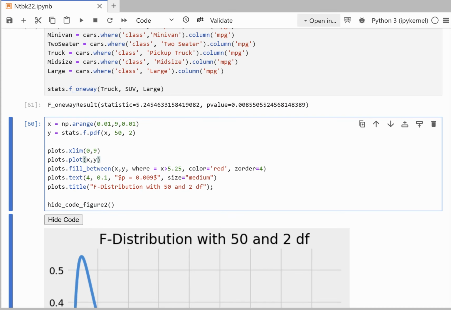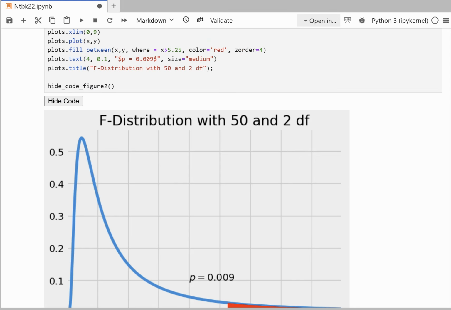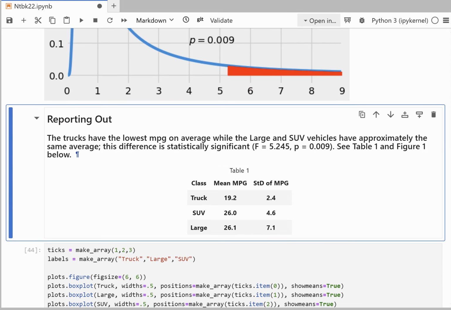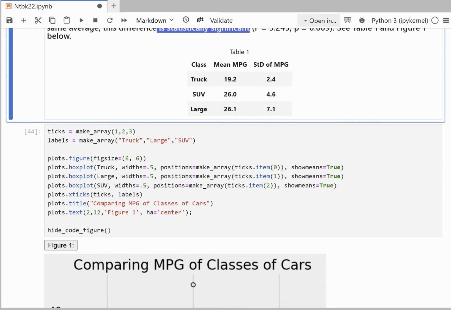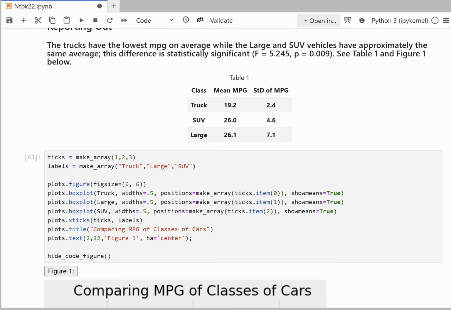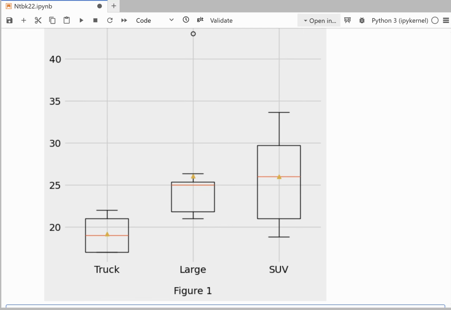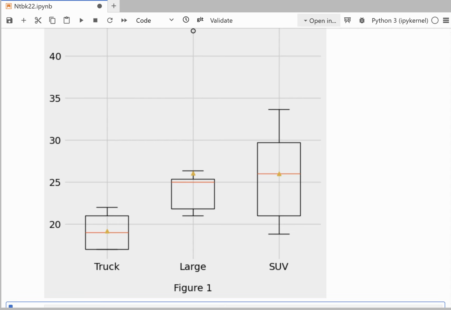So we're going to reject the null. And reporting out, this difference is statistically significant, and they report some things about how big or small the average gas mileage is. And then you can see there does appear to be a difference, and we find one statistically.